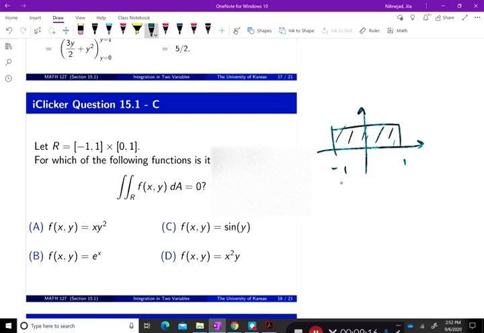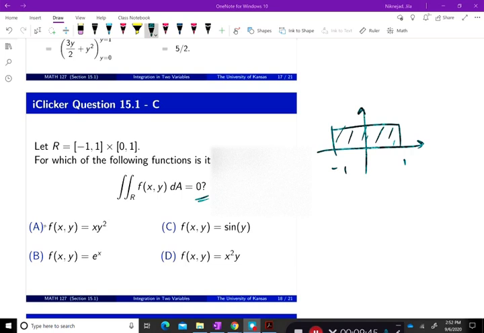There are multiple ways this can happen, but if the function is odd with respect to x, then the integral is definitely going to be 0, because just think about the inner integral with respect to x. So give yourself a quick minute and then come back.